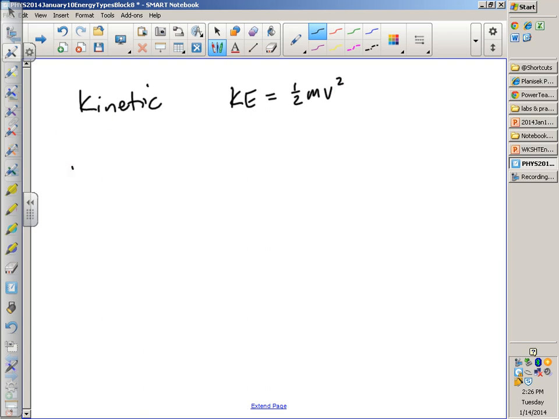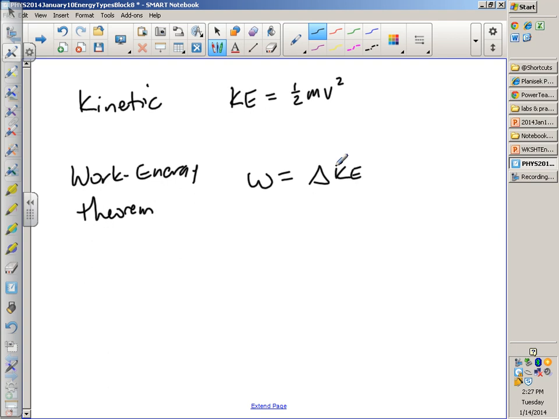The next thing that we talked about in class was the work-energy theorem. And the work-energy theorem states that if we do work on an object, the energy of that object will change. How much? Depends on how much work we do.